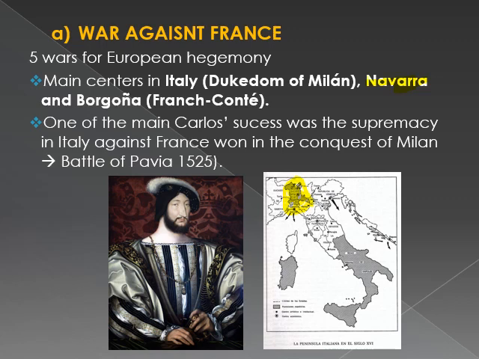Why Navarra? Because Navarra, before being annexed by Fernando el Católico in 1515, remember, used to have an alliance, a very close relationship with the French dynasties. They married between themselves.